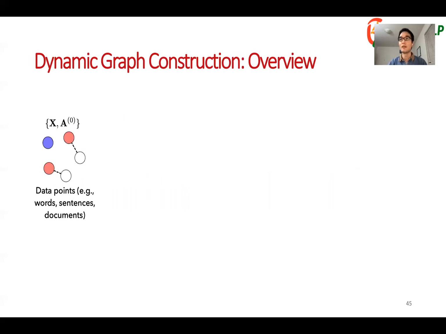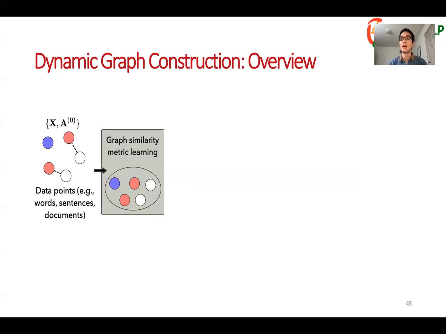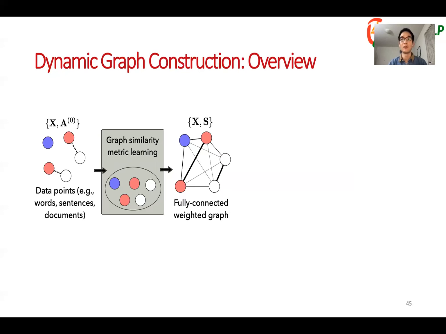Given a set of data points, which can stand for various NLP elements such as words, sentences, and documents, we first apply graph similarity metric learning, which aims to capture the pairwise node similarity and returns a fully connected weighted graph. Then we can optionally apply graph sparsification to obtain a sparse graph.